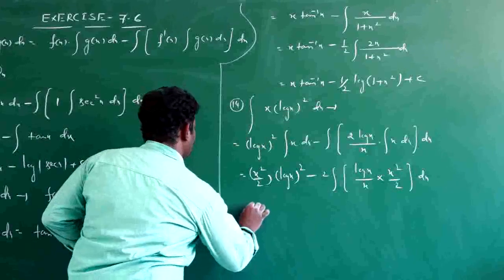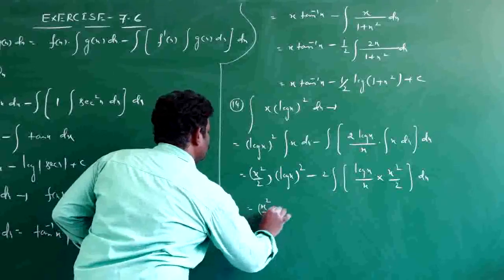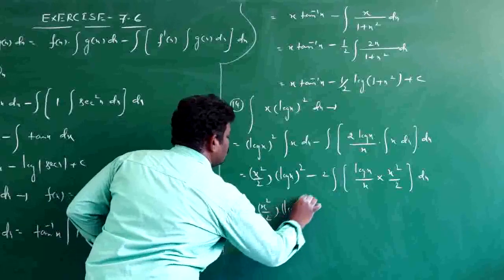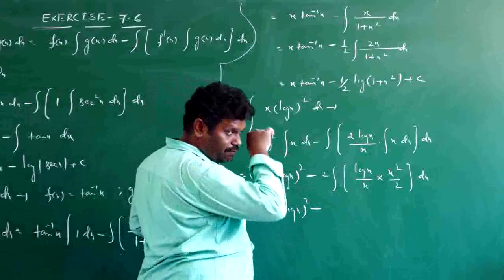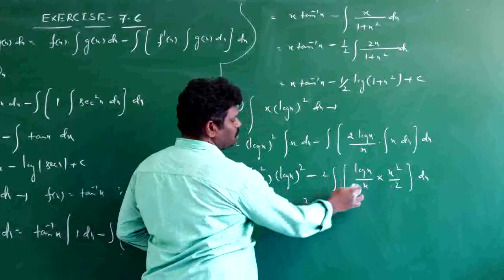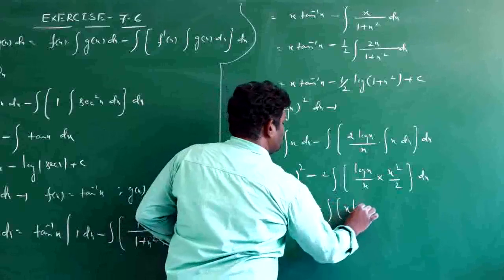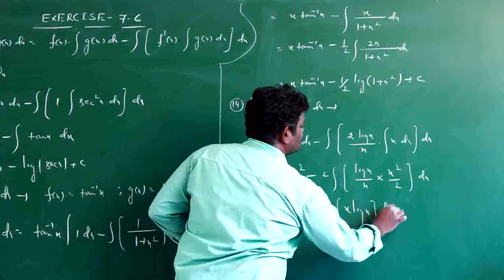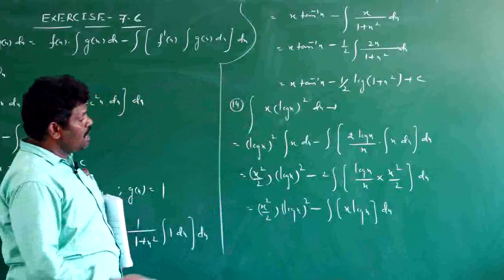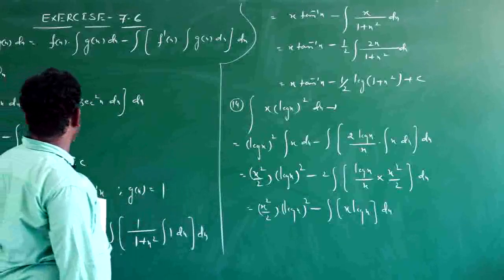That is equal to x square by 2 into (log x) whole square minus, multiplying with 2, the 2 cancels and x square cancels, again integral of x into log x dx. Again we apply the x into log x dx formula.